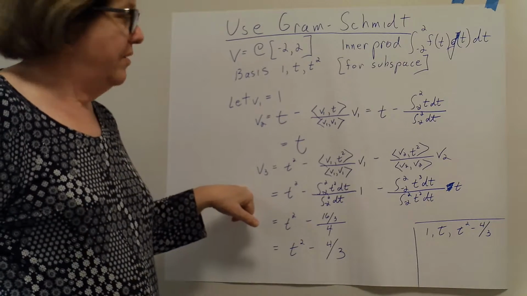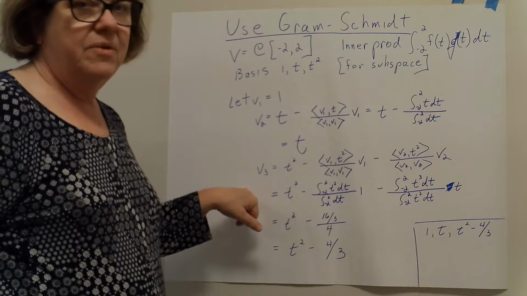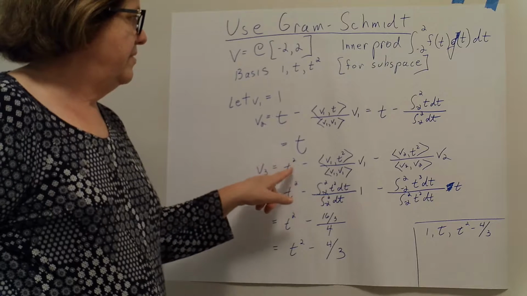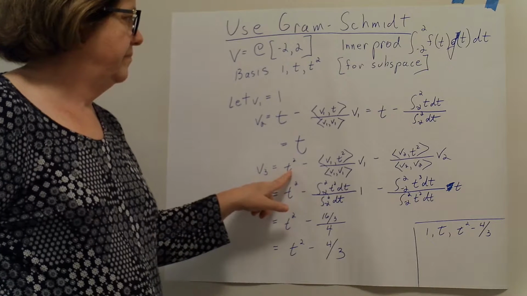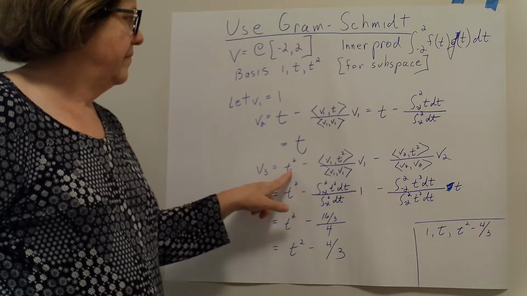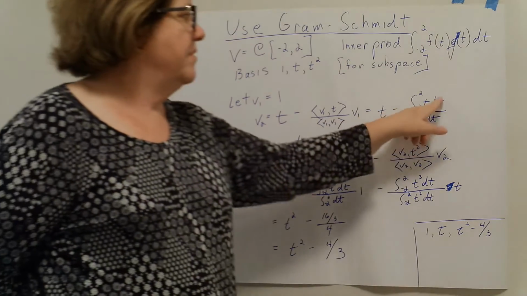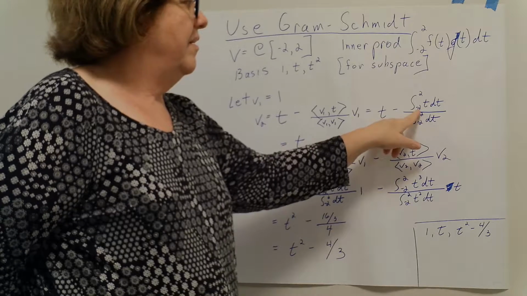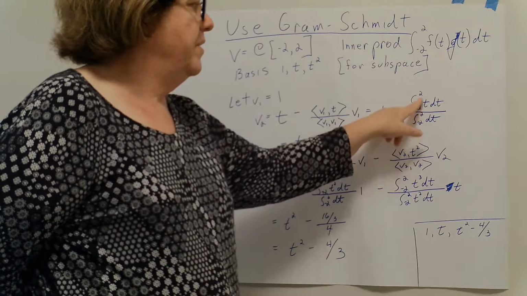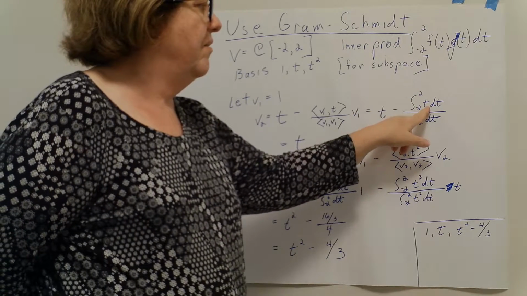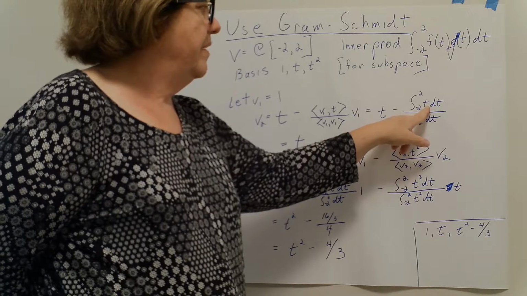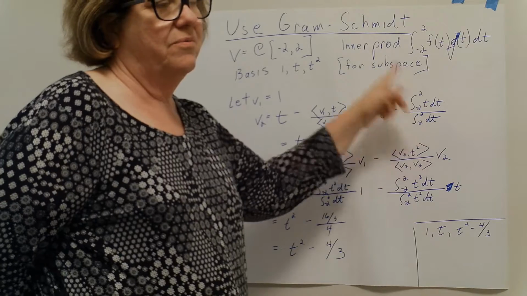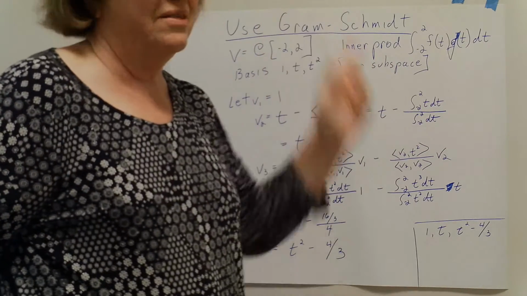Then to find the next element of the orthogonal basis, we take t squared. Notice that this was 0 here because we're integrating from -2 to 2, and our integral is going to be t squared over 2. So when you integrate from -2 to 2, you're just going to get 0.